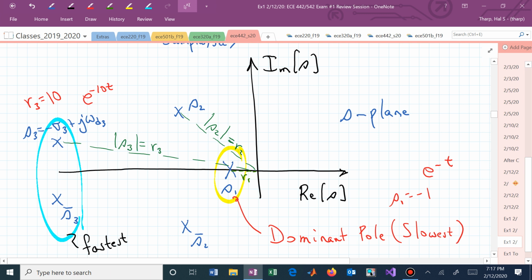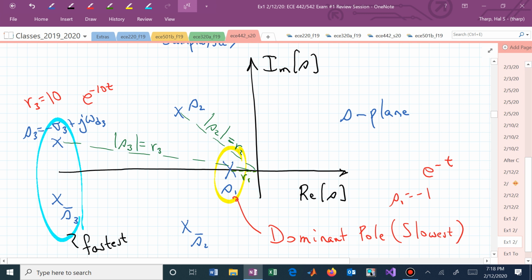So at t equal to 1, the S1 pole is at e to the minus 1, 0.37. The pole at s sub 3 is at e to the minus 10. I don't even want to know what that is, but that's much less than 0.01. E to the minus 5 is less than 0.01. Do you see how that one really decays quickly?